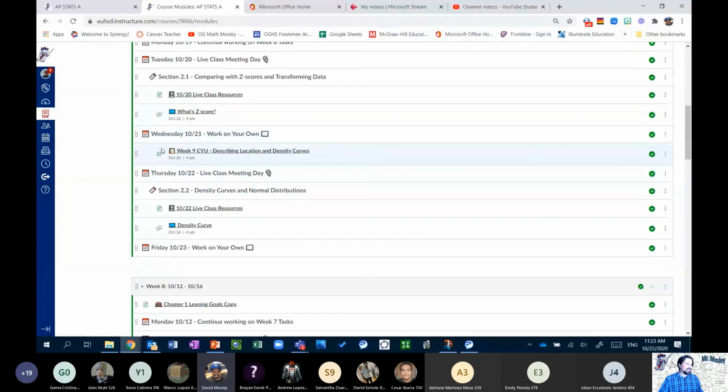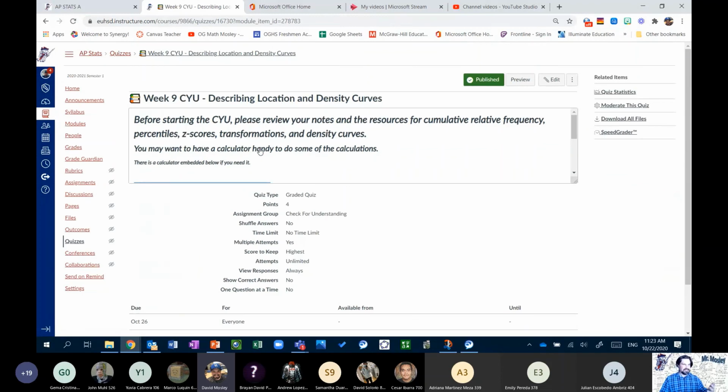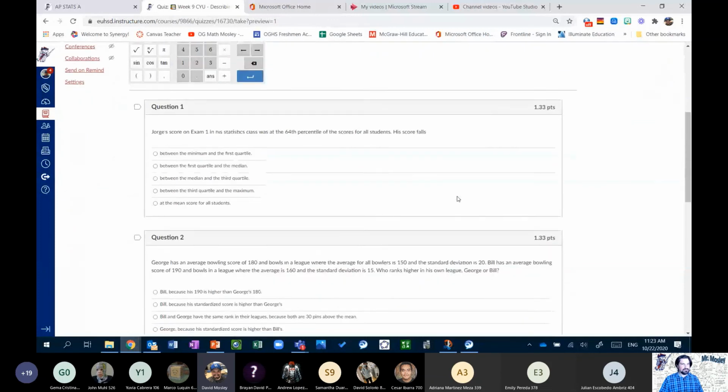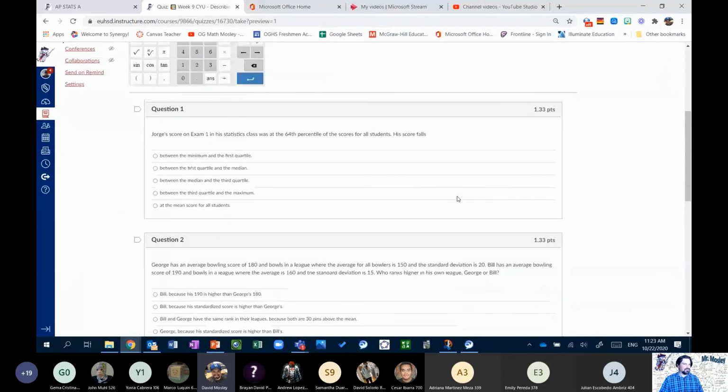So in our week 9 CYU here, I had anticipated getting a little farther into the content on today's lesson than I actually am. So the last question on this is essentially going to be a bonus question. It's going to be kind of like extra credit. So I've rearranged the point values for the other 3 questions that you should be able to answer.